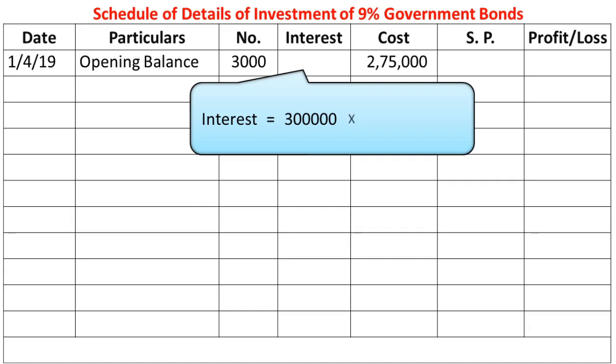Multiplied by 9%, multiplied by the period of outstanding. Now, when the last interest is received on 31st December, from 31st December to 1st April 2019 it is a period of 3 months. So 3 by 12, and the amount of interest accrued is 6,750 rupees.